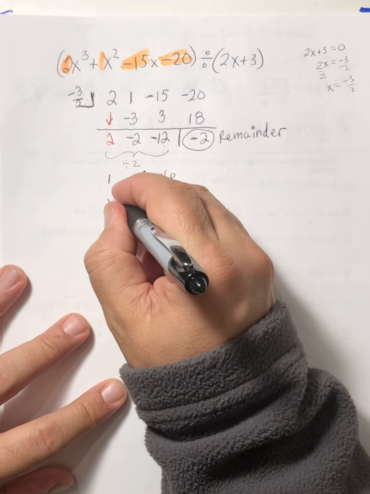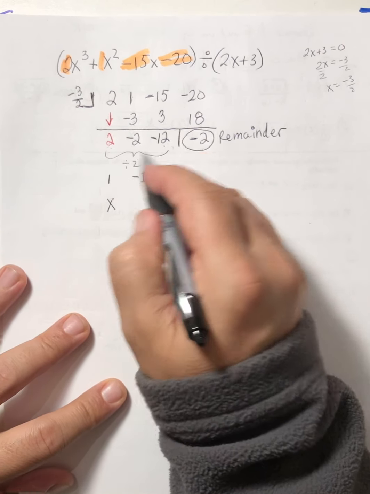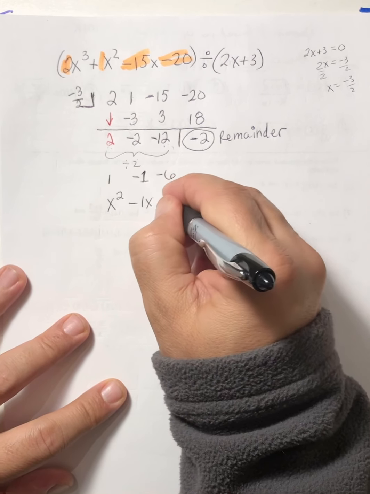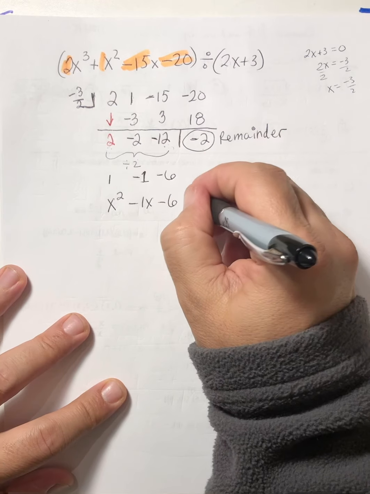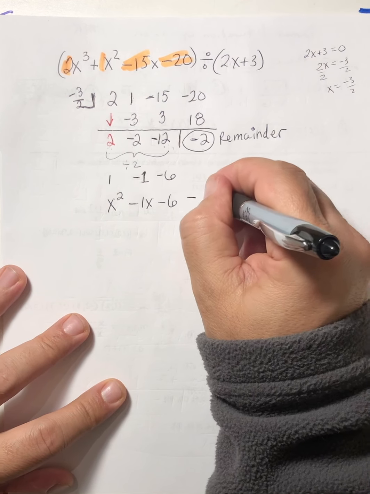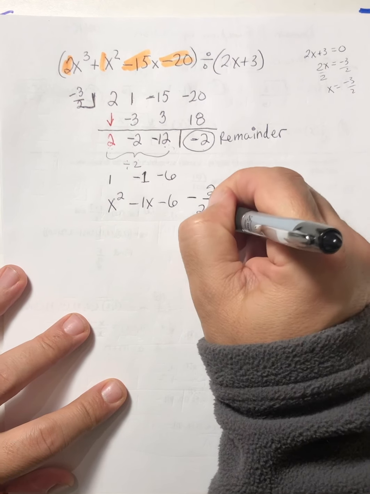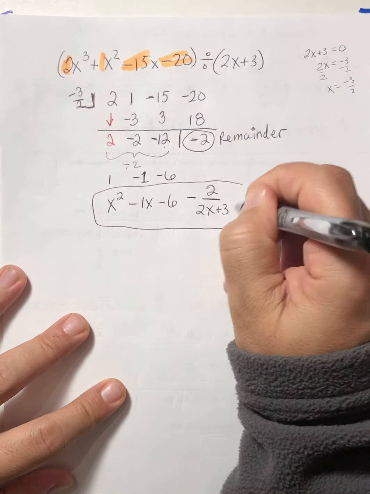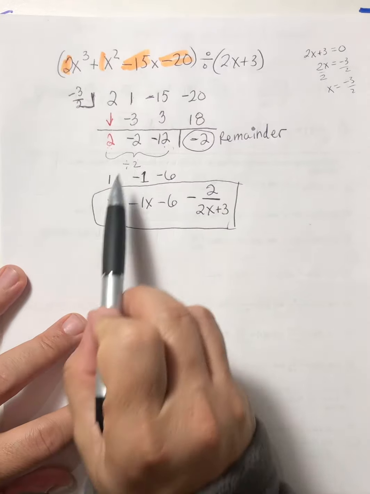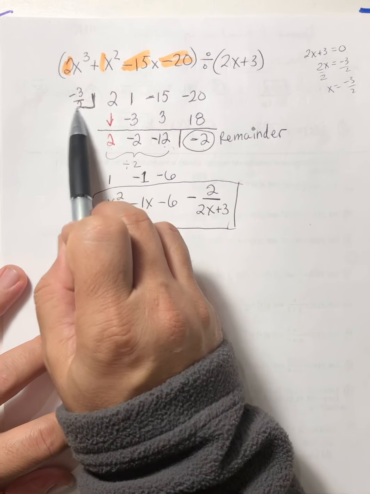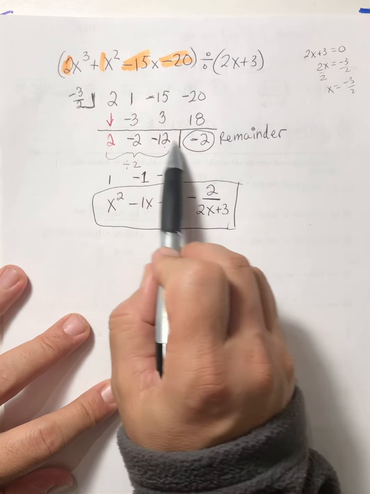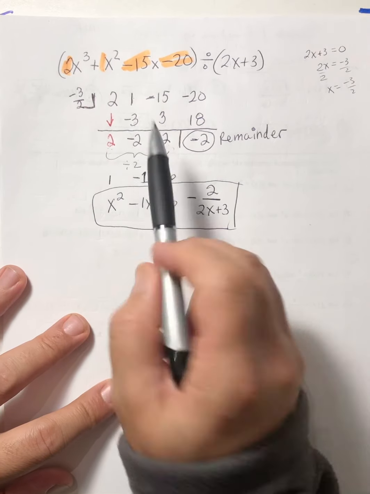So now I have x, and that happens every time with a fraction. So now I have x squared minus 1x minus 6, and then it's minus 2 over 2x plus 3. And this actually happens because of the fraction, okay? Because we ended up doing the fraction, it makes this happen, okay?